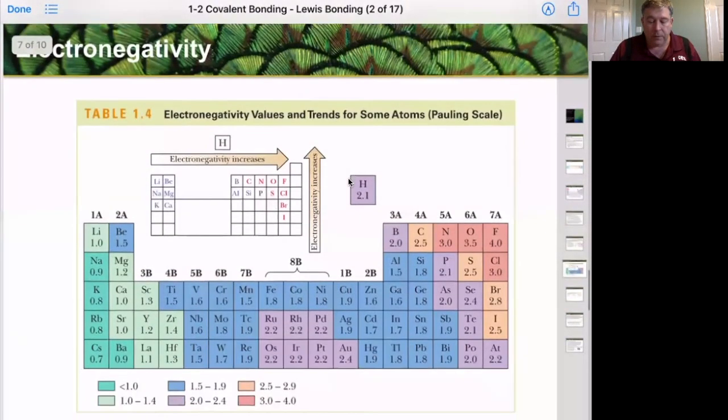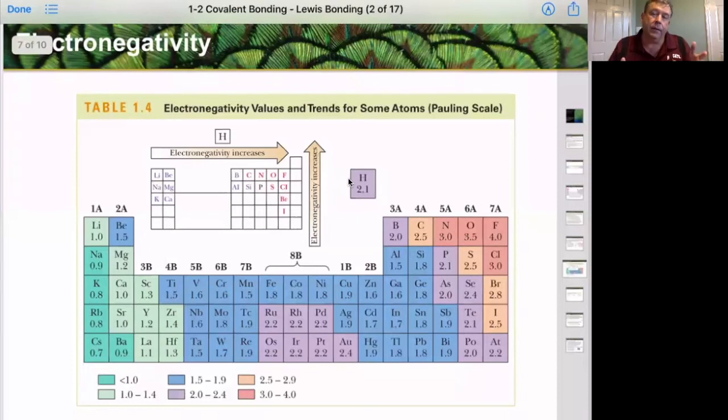So if we look at the values for these atoms, we'll see that there's a trend here. We have fluorine being our highest at a 4, and way down here, one of our lowest is this 0.7. So if we had a compound with cesium and fluorine, it would definitely be an ionic compound because they are very, very different.